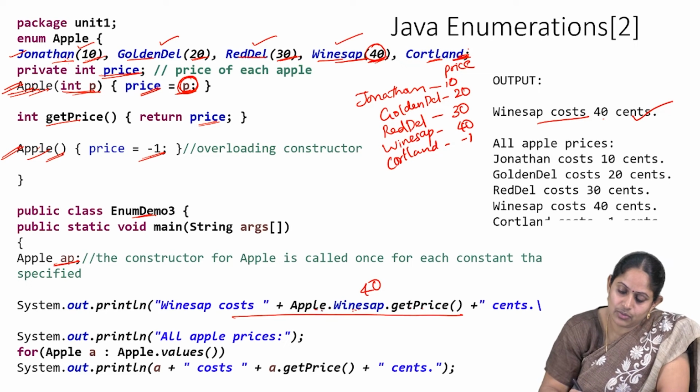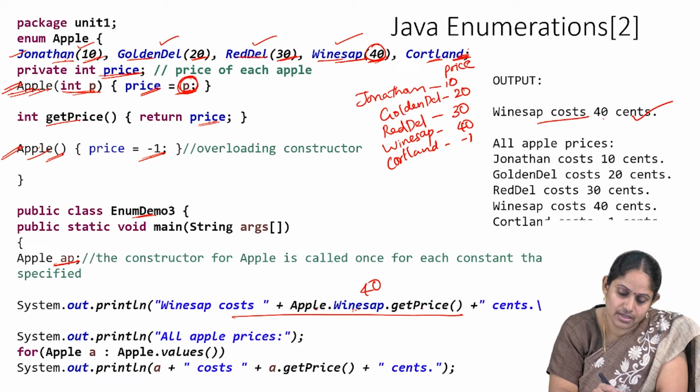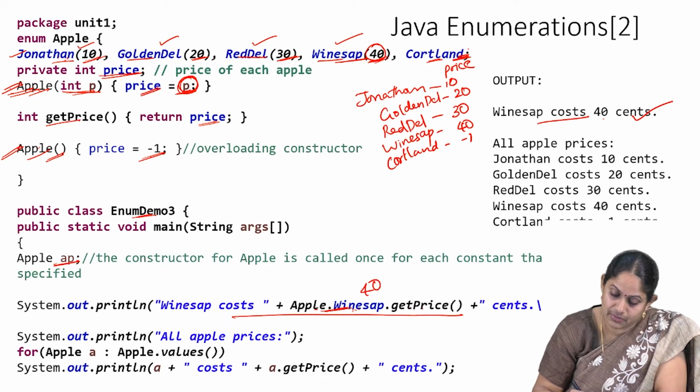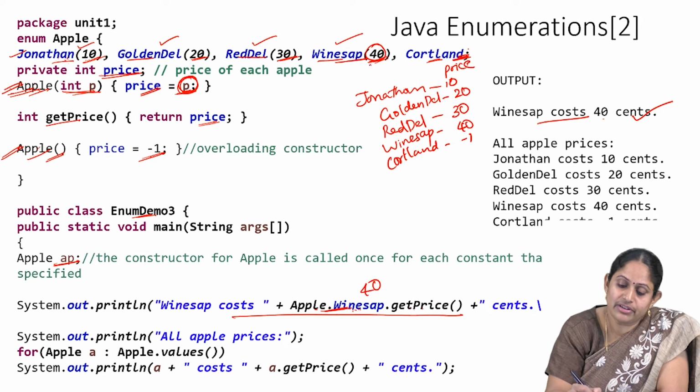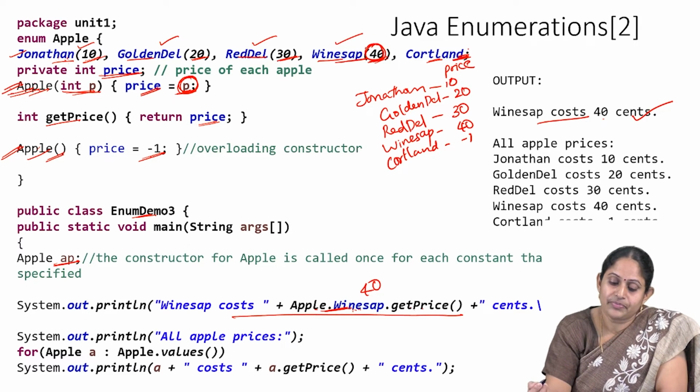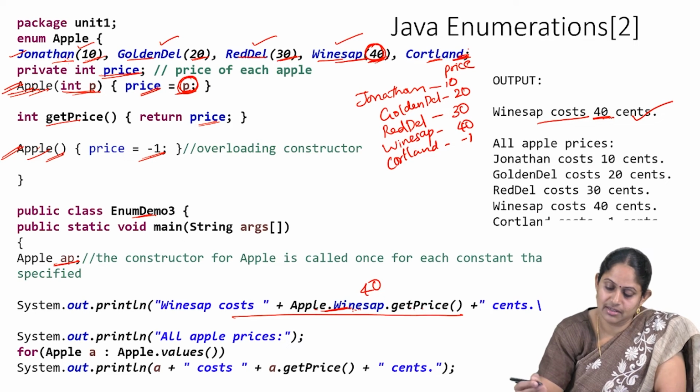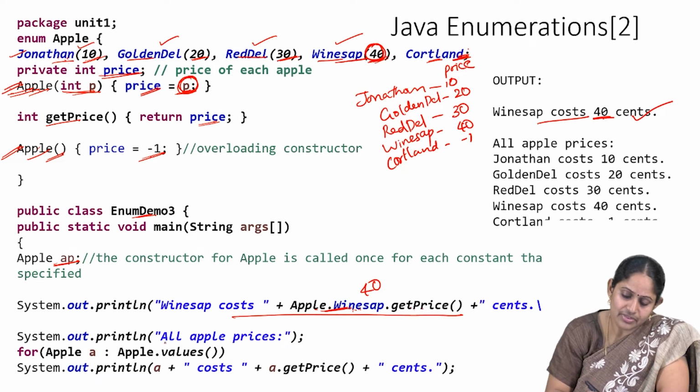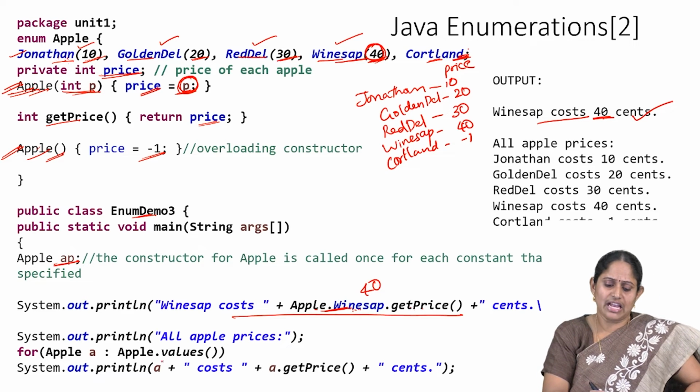So here when you call getPrice over apple.winsap, it will retrieve the content of Winsap's price, which is 40. So the output we get is 40. Next, we are using the values method.